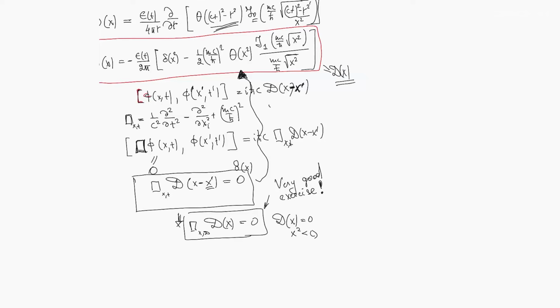So what we found here is a particular solution of the Klein-Gordon equation, where the a priori arbitrary amplitudes A and A star, which should be fixed by imposing some conditions, for instance initial conditions, are here fixed by imposing the conditions of causality. So this is a particular solution where the amplitudes are fixed in such a way that what we are getting here is a causal solution.